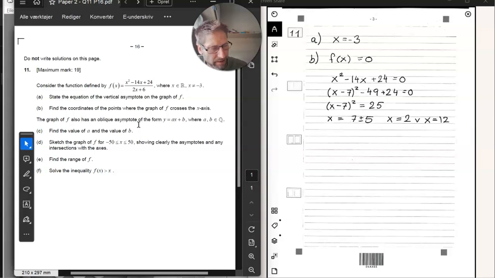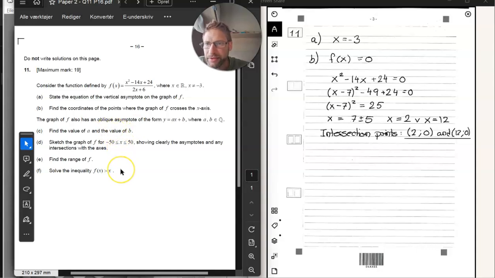So of course it is. So the intersection points are (2, 0) and (12, 0). There we go.